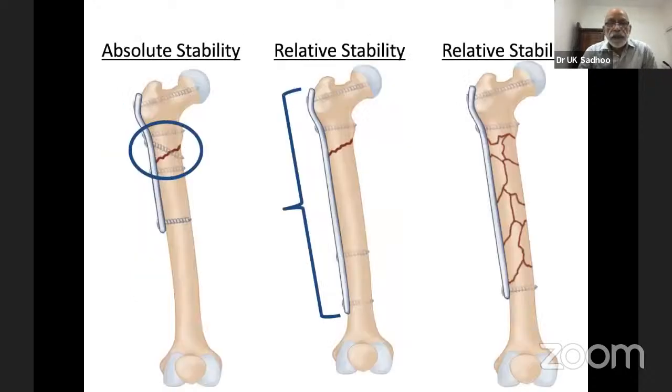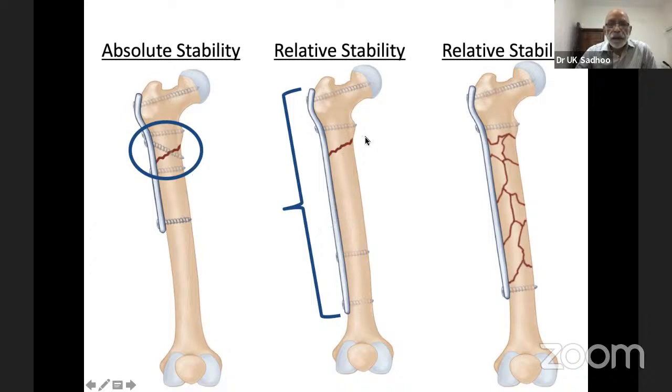As with any plate, you have two kinds of stability. One is the absolute stability. Anytime you have an oblique fracture and you utilize that obliquity, any implant outside would be simply a buttress. So this becomes an absolute stability and there is very little callus to be seen.